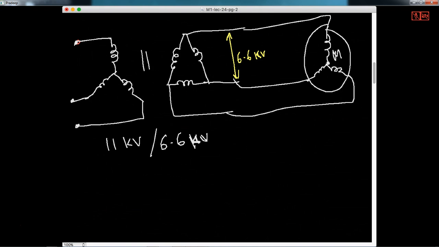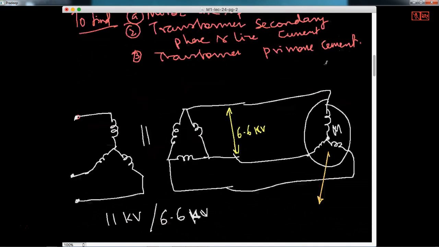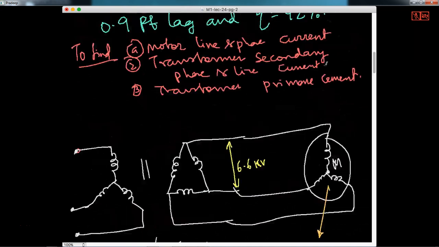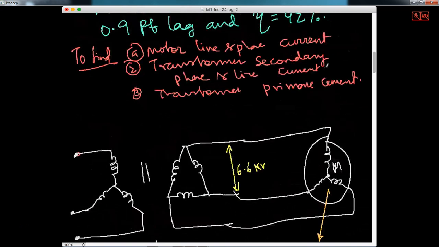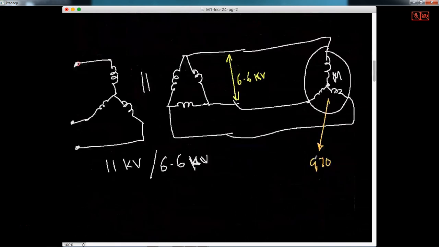The motor output given in the question is 970 kilowatts, and the efficiency is 92%.